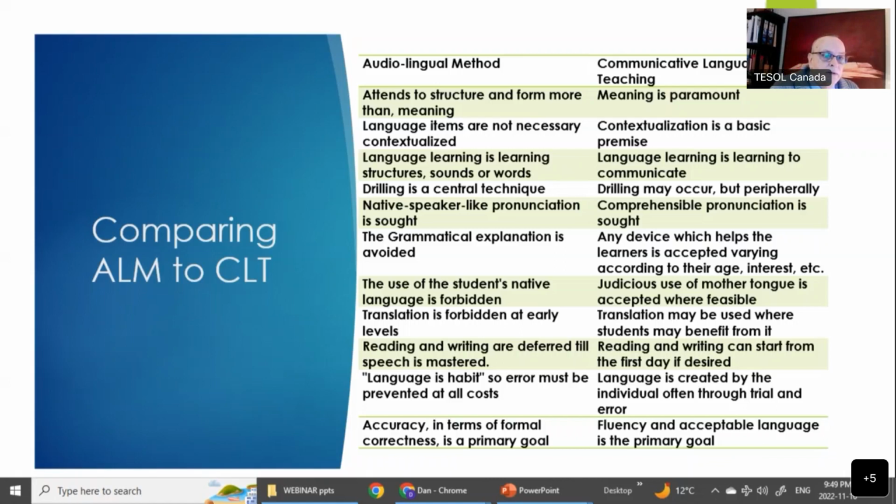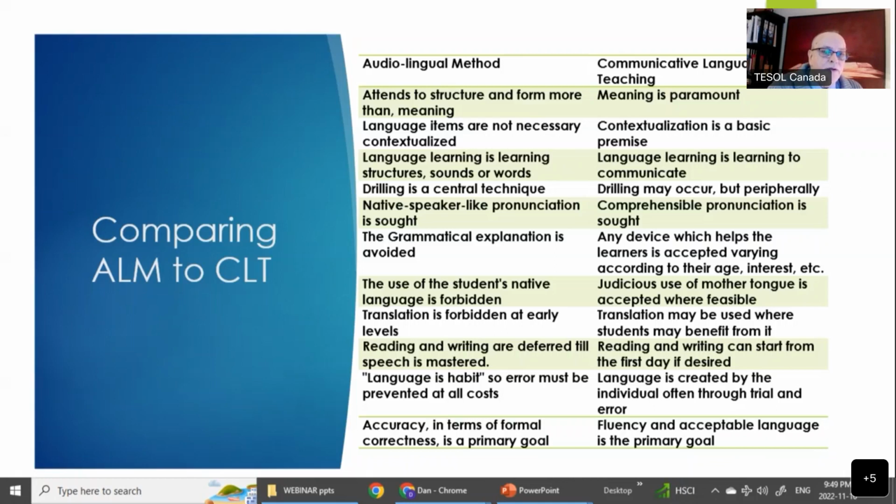because the comprehensible pronunciation is sought out here in communicative language teaching, whereas native speaker like pronunciation is the goal with ALM. And in ALM, grammatical explanation is avoided. However, in CLT, any device which helps the learners is accepted, varying according to their age, interest, etc. So there are other factors.